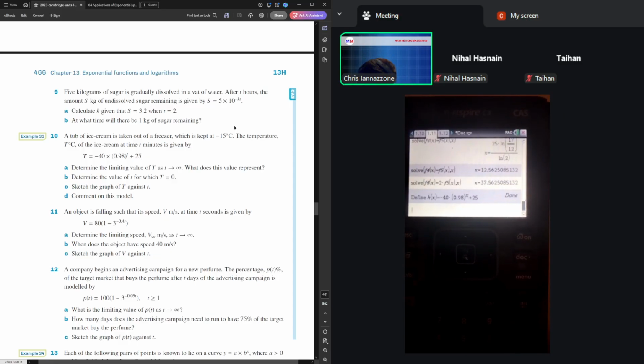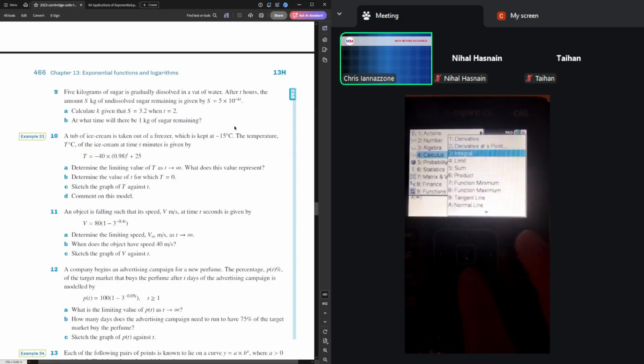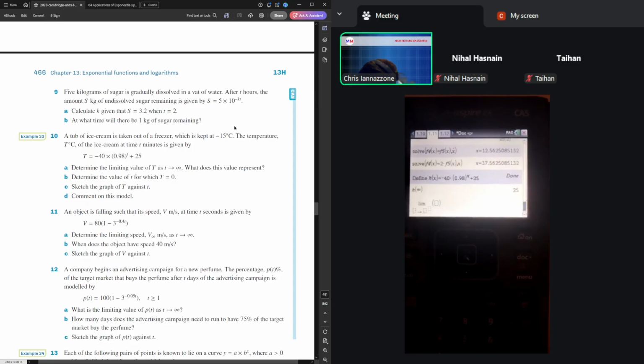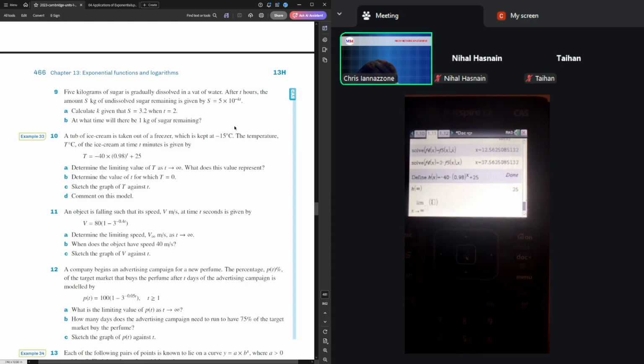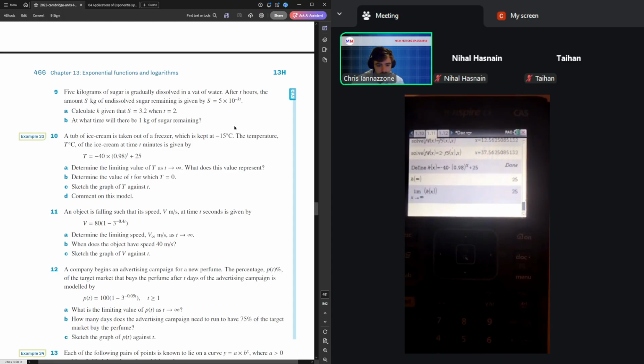For actually inserting the infinity, it's on the pi symbol. So the same way you put pi, you get the infinity symbol. If you do that, it'll spit out 25, the limiting value. Alternatively, if limits was what you thought of, then limits is also correct. Both of those will get you the same number that you're looking for.